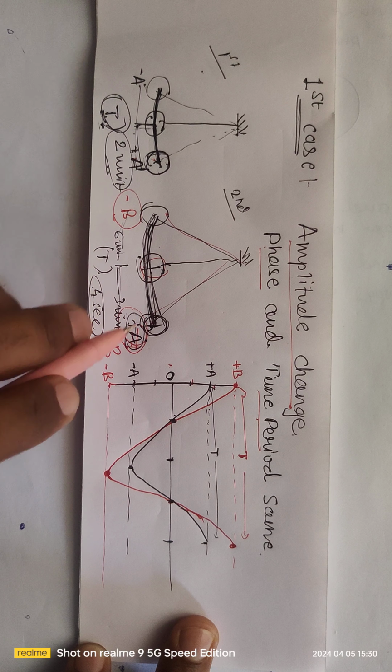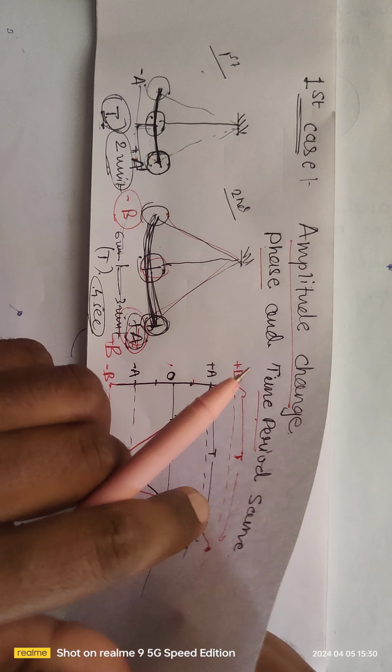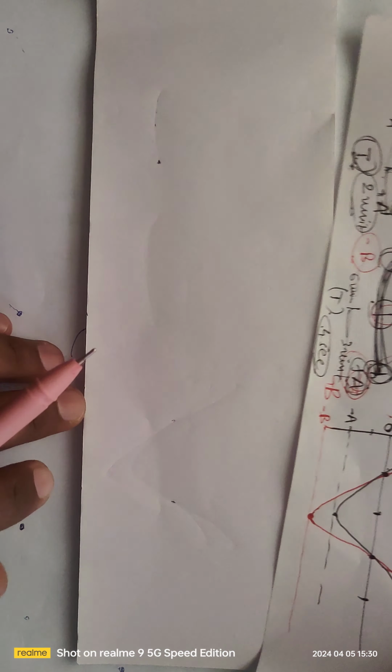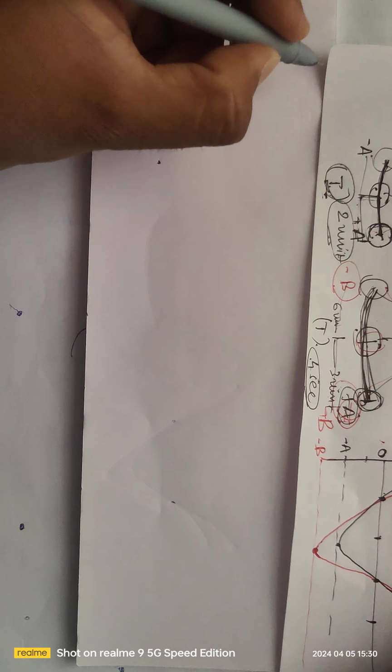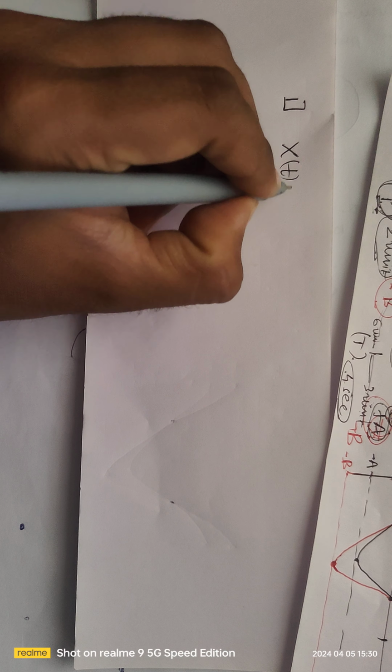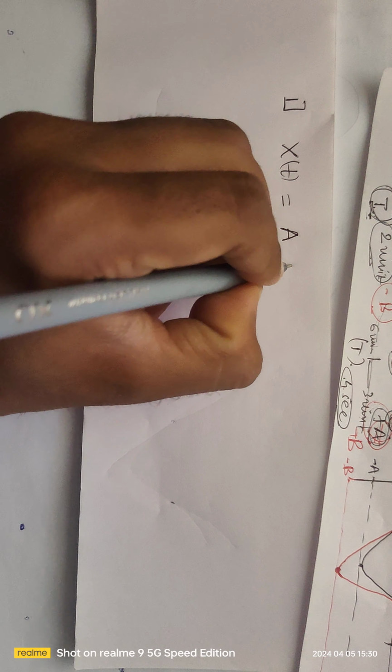Now for both cases, if I have to write the equation, for the first situation our equation will become x(t) equals A cos(omega t plus phi).